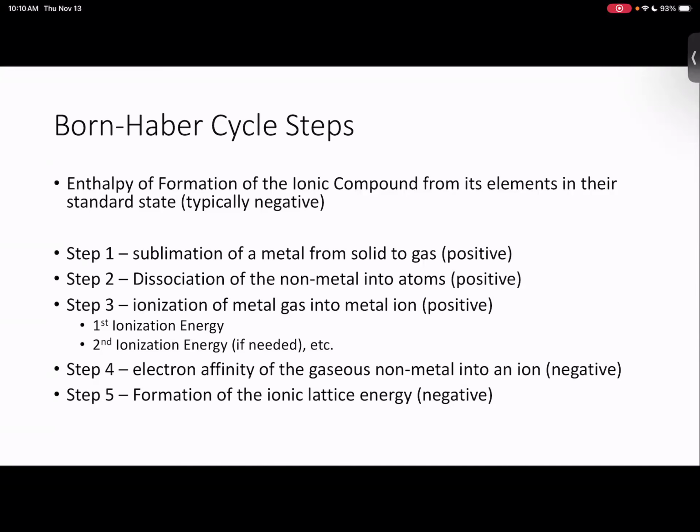So you can quickly see we have 3 positive steps, and those positive steps take a lot of energy. Now we do get back a small amount of that energy when the non-metal is converted into an anion using the electron affinity.